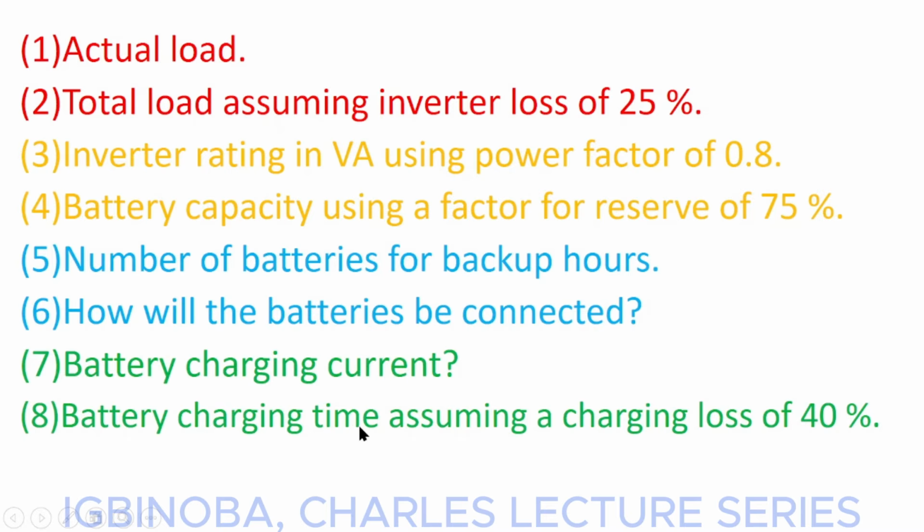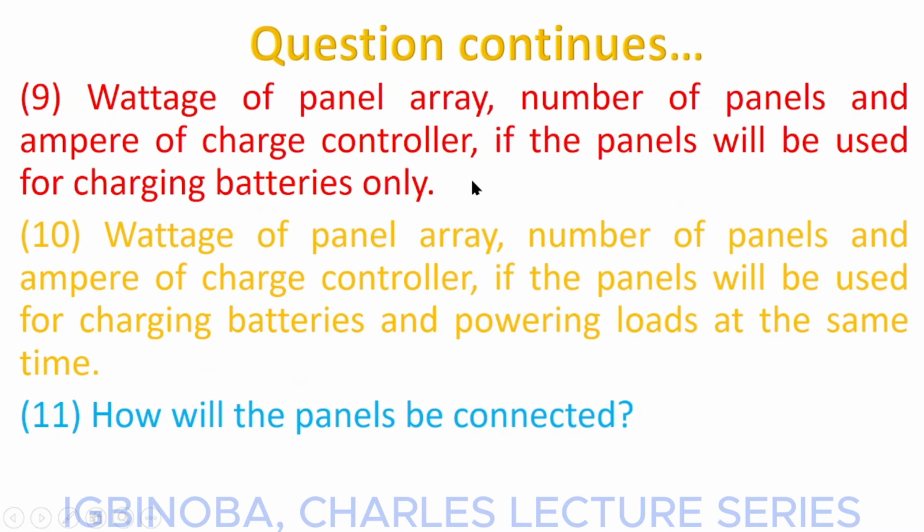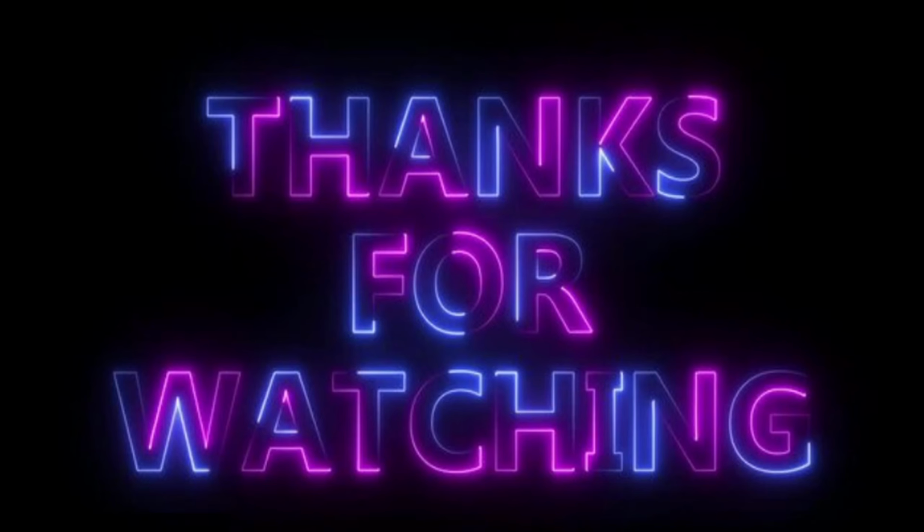Number 8, battery charging time assuming a charging loss of 40%. Then number 9, wattage of panel array, number of panels and ampere of charge controller if the panels will be used for charging battery only. Then number 10, wattage of panel array, number of panels and ampere of charge controller if the panels will be used for charging battery and powering load at the same time. Then number 11, how will the panels be connected?